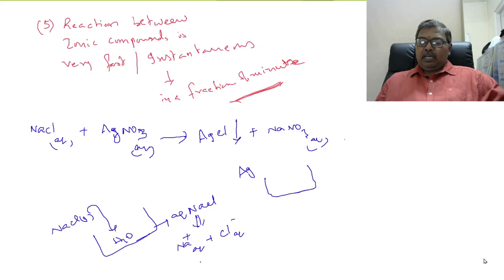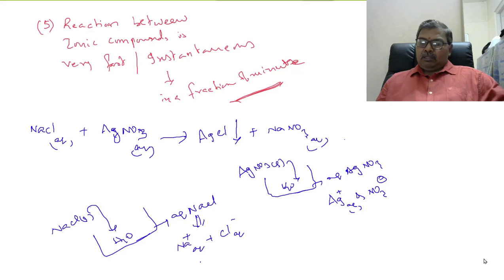Similarly, if solid AgNO3 is dissolved in water, we will get an aqueous solution of AgNO3, which contains aqueous Ag plus ions and aqueous NO3 minus ions.